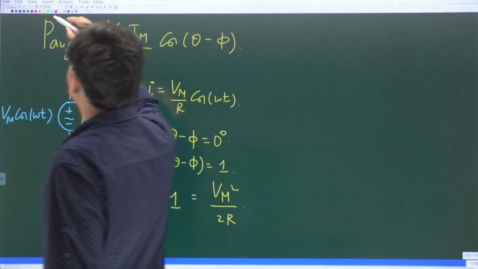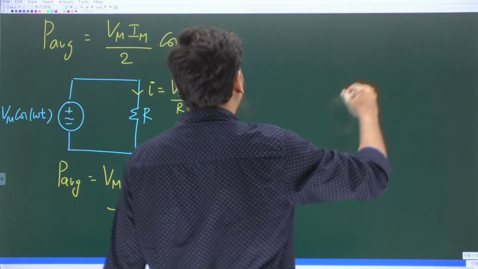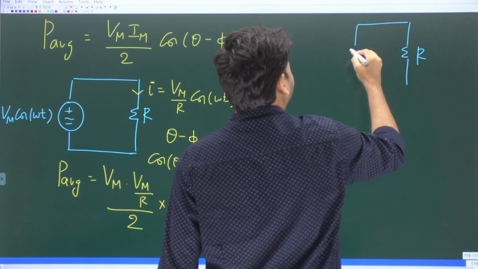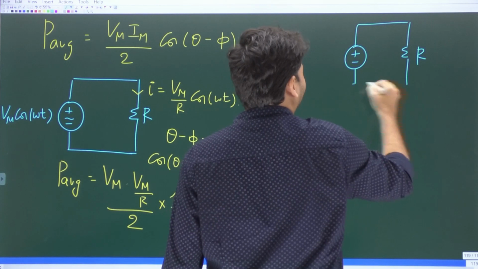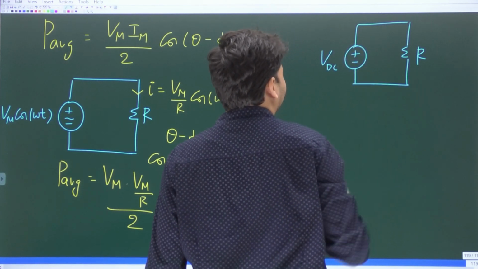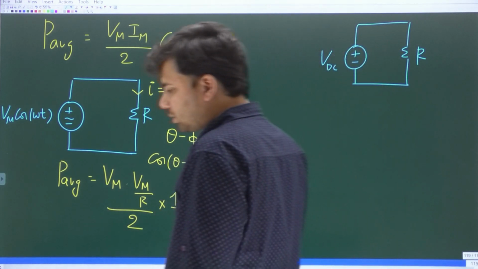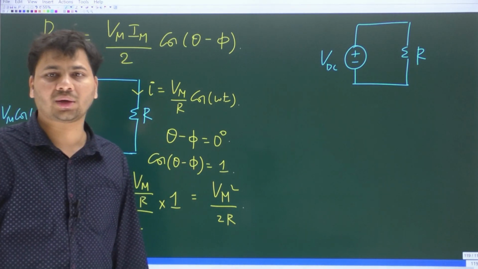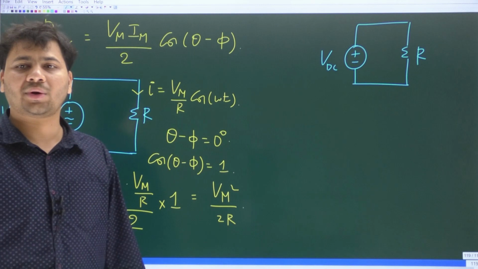Now, across the same resistor, let us connect a DC voltage source. What is the average power dissipated by the resistor?